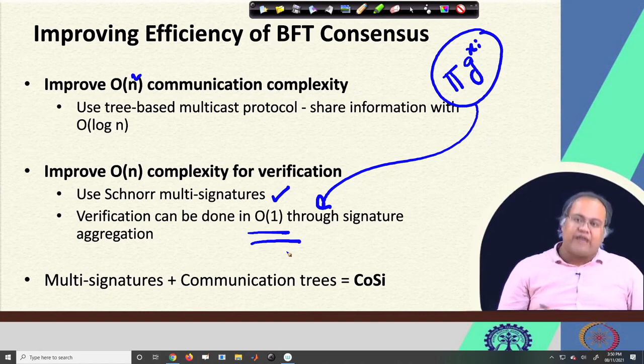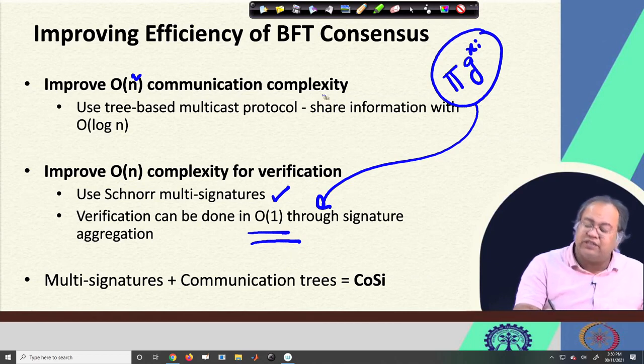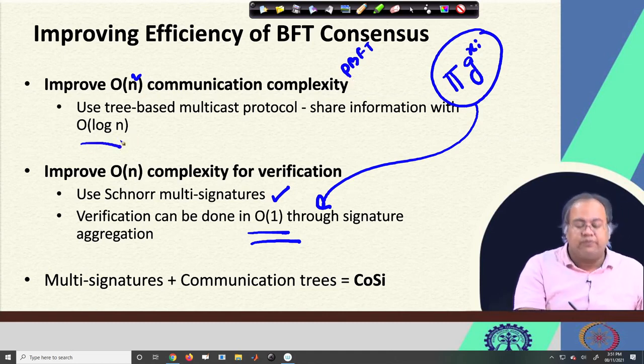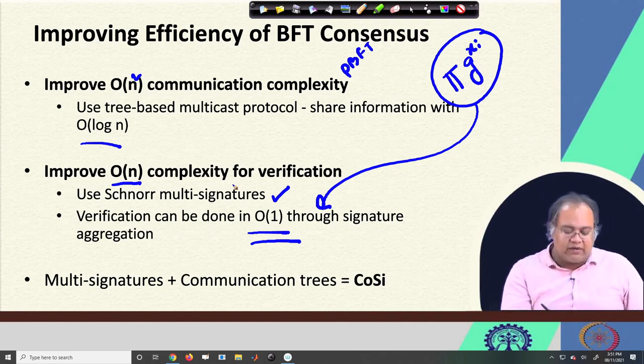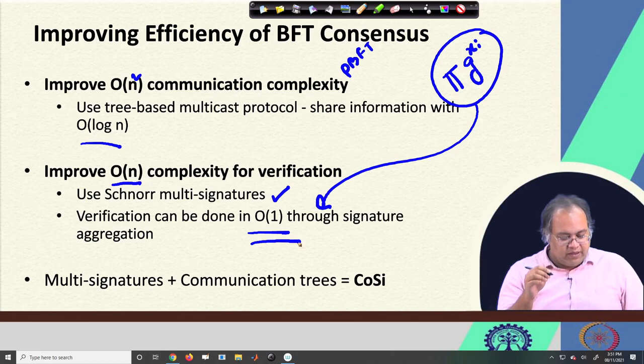So, for the communication complexity compared to the standard PBFT, I can reduce it from O(n squared) to O(log n). And in terms of the verification complexity, earlier it was O(n). Now, with the help of this Schnorr multisignature or the BLS encryption mechanism, whatever you use, I can make it O(1).